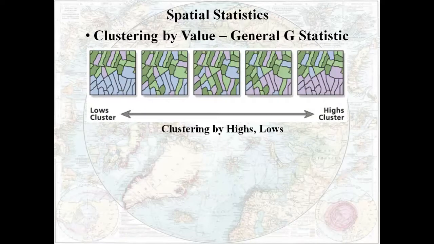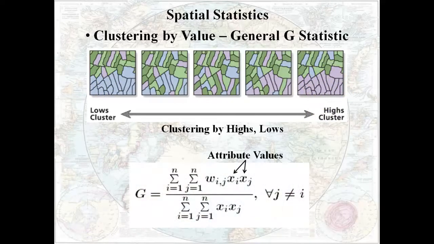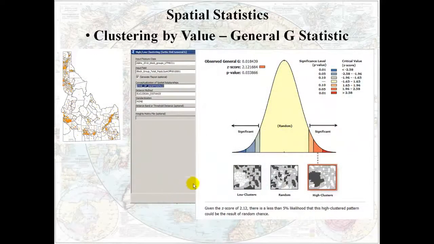General G statistic is going to tell us whether there are clusters of low values or clusters of high values in our data. Here's the statistic, the measure, and we compare that to randomness, and in this case we run it for Idaho. We see a z-score of 2.12, and that would tell us that the high values are clustered together.